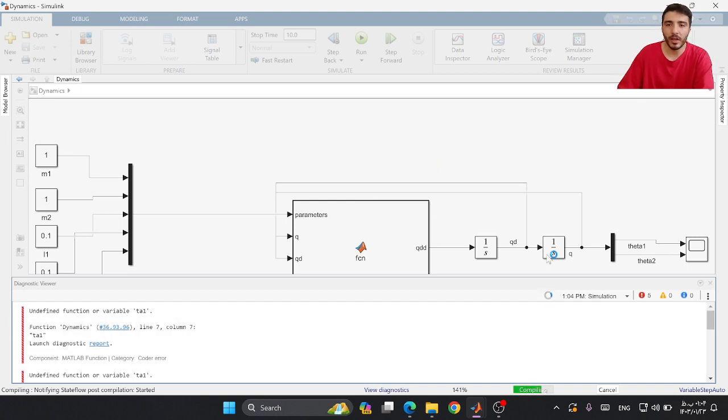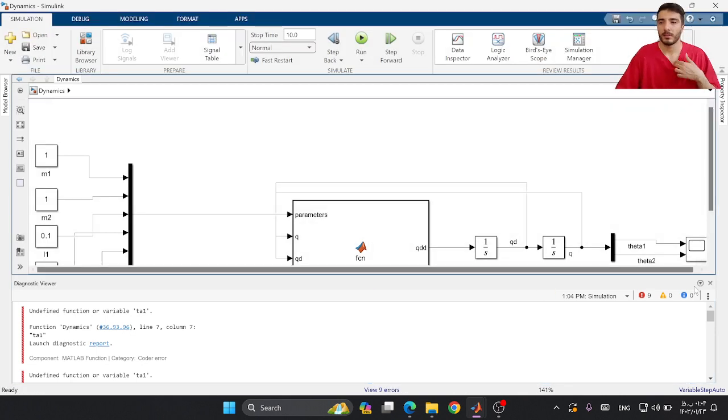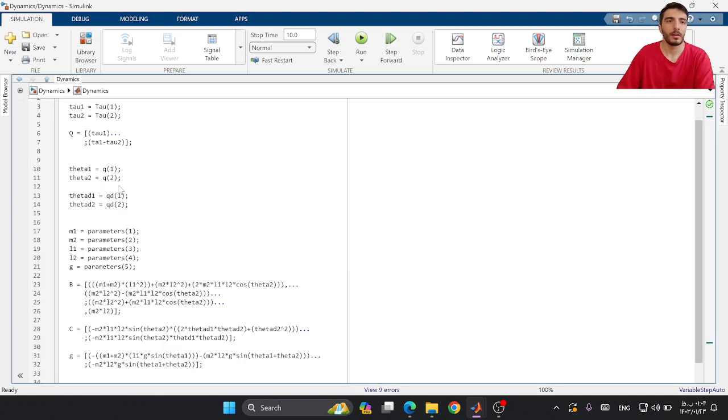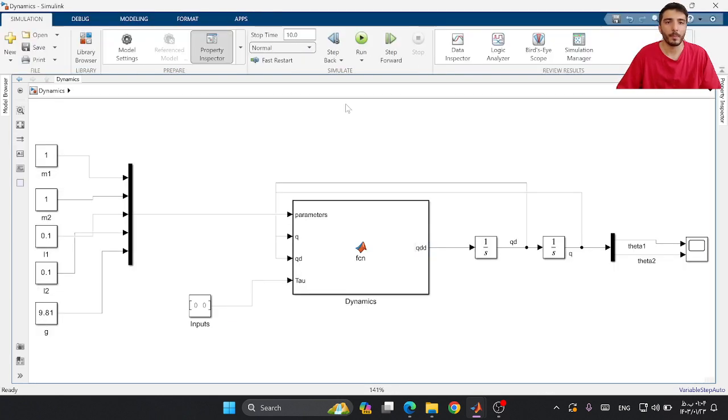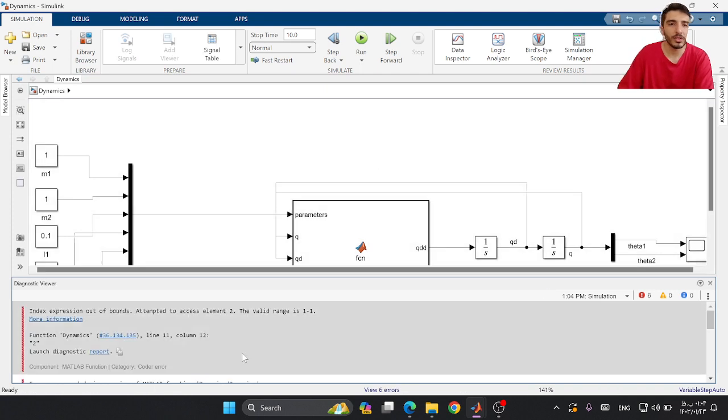We have a type error, I think, tau 1. Okay, let's modify this one, tau 1. Okay, let's again run the simulation.